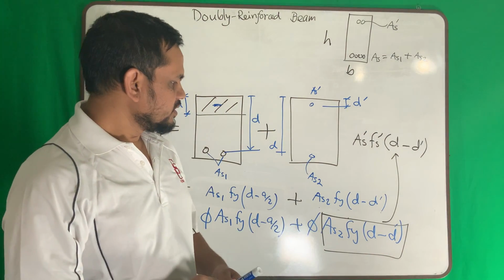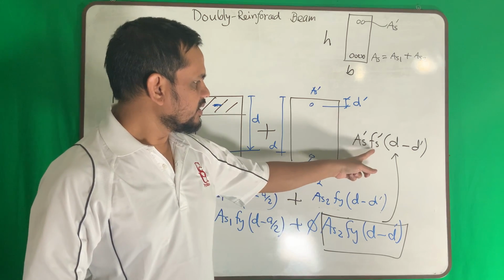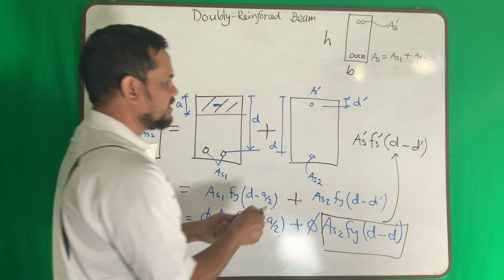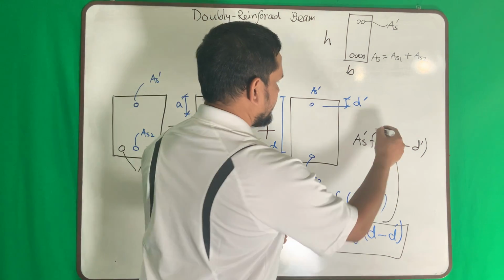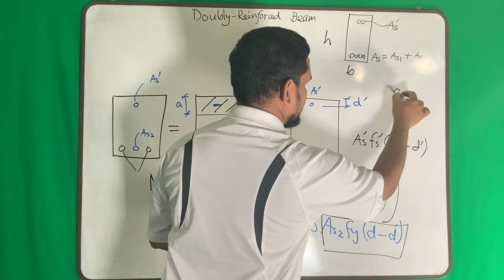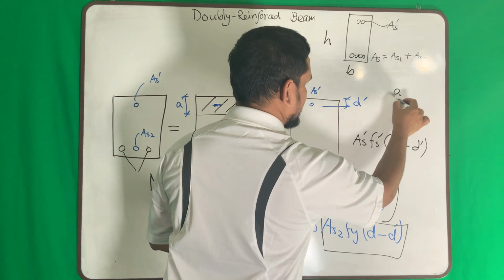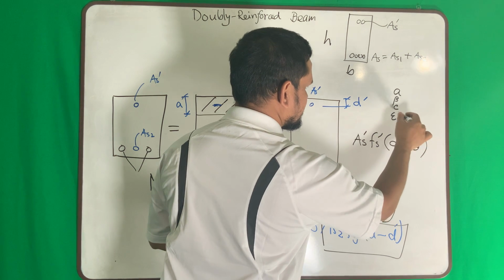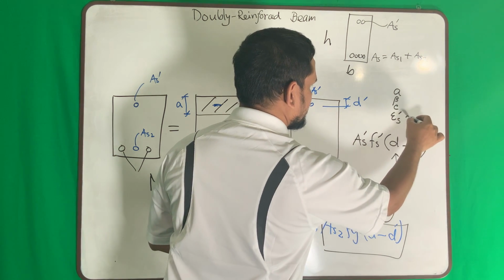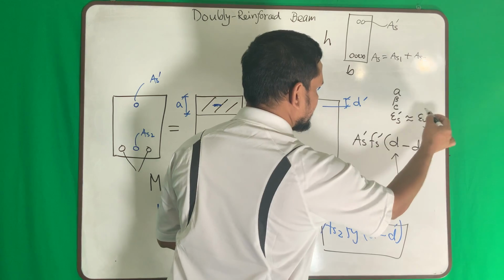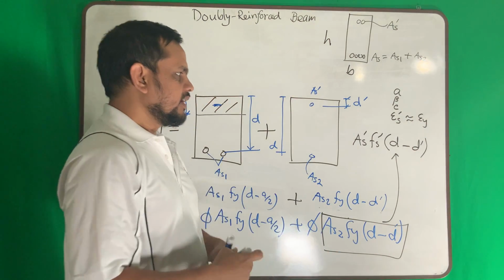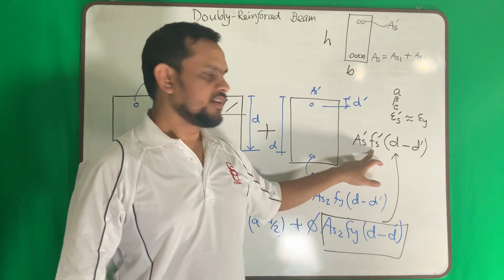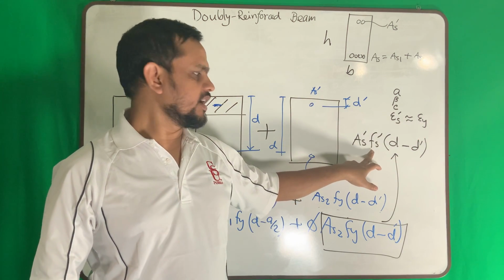But the only problem is if you want to use this equation, you have to find Fs prime. How to find Fs prime? I just discussed. To find Fs prime, you have to find your a, you have to find your beta 1, then c, then epsilon s prime, and compare it with your yield strain. If this is equal or greater than this, the stress is yield stress Fy.